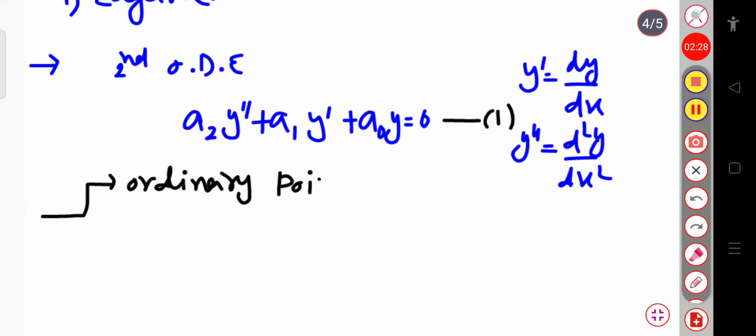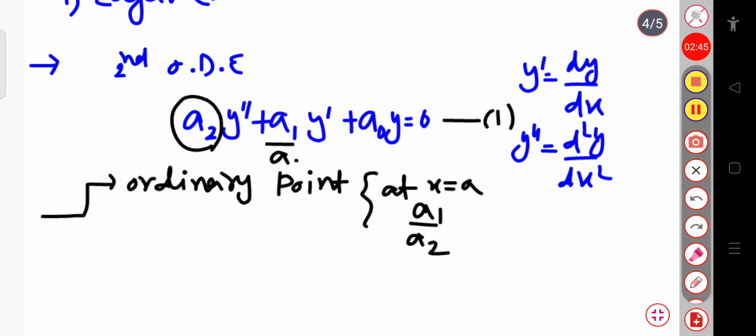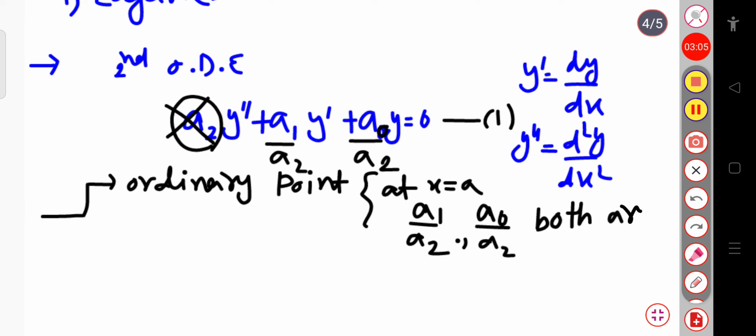For equation 1, we can check at x equal to a, at any point x equal to a: if I divide by a2, it will represent like this, a1 by a2 and a0 by a2, and if both are finite, then we can say that for that point the function is ordinary.